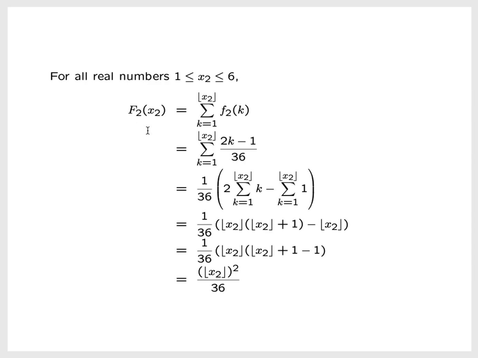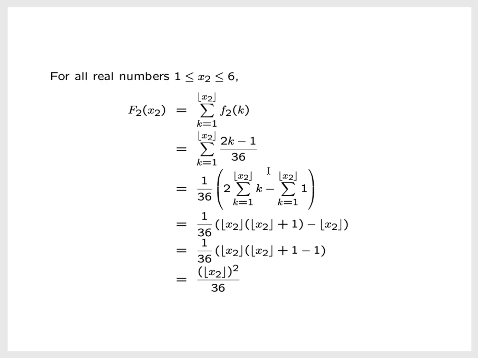then the marginal CDF of x2, evaluated at such a value, is given by the sum of the marginal PMF of x2, which we just found, evaluated at an argument that we'll call k going from 1 up to the greatest integer less than or equal to the argument x2. Over such values, we know that the marginal PMF evaluates to 2 times k minus 1 over 36.